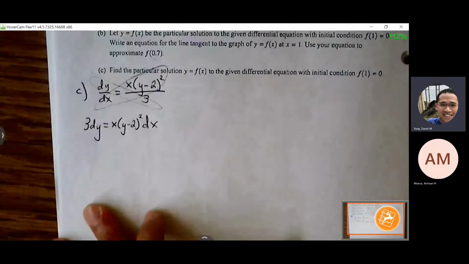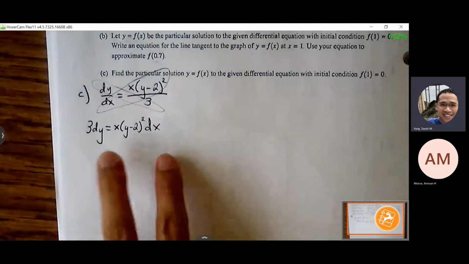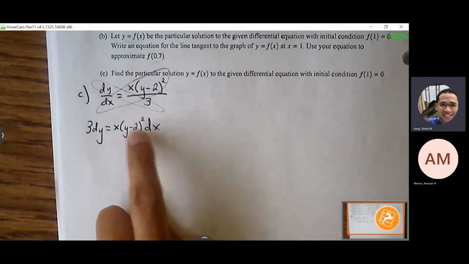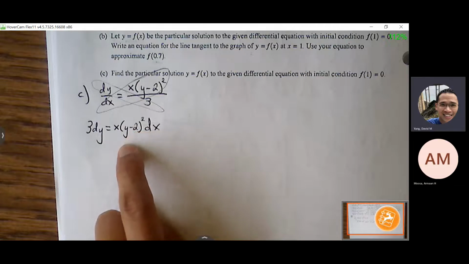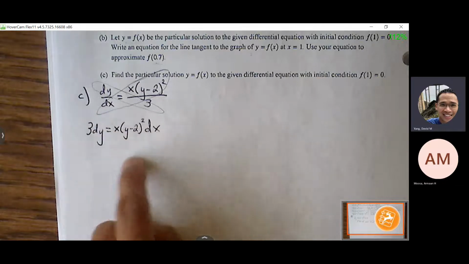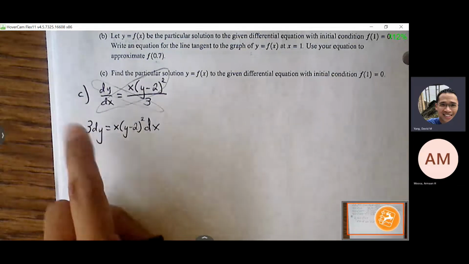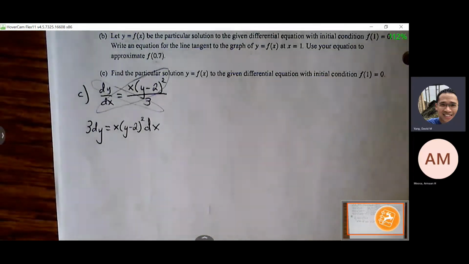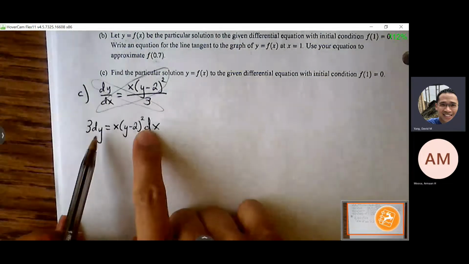Okay, I see a few things out of place here. My dy/dx's are locked in, that's good. But I would like my y's together, so I'm going to divide this y minus 2 over, make it go to the denominator. And this 3, let's just go ahead and move it back, right? There's no need to have that 3 on the left side. Eventually, it's going to come to the left anyway, so we'll do a double division here.